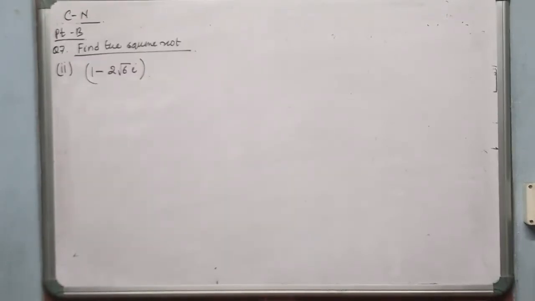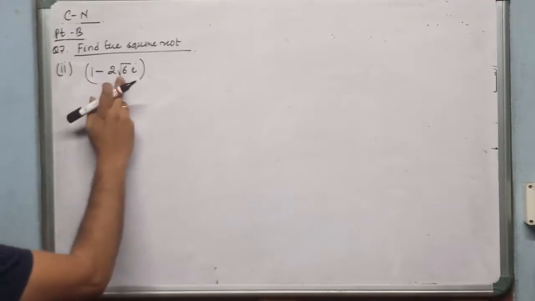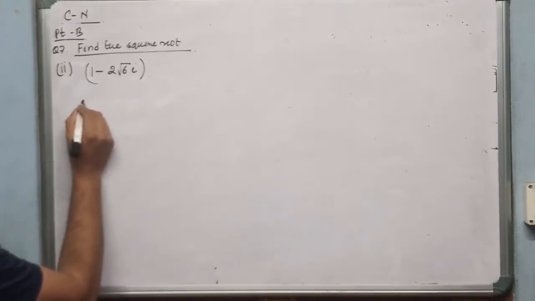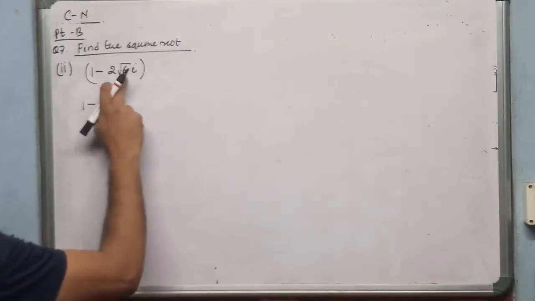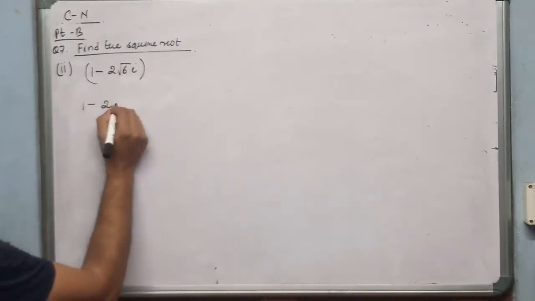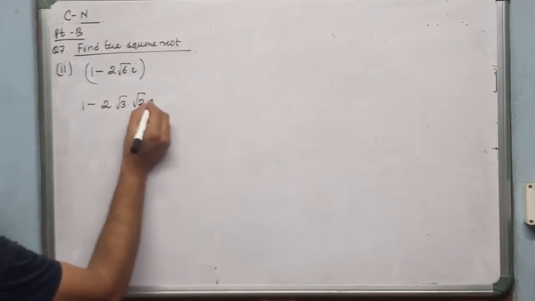Now dear student, again I'll start to find the square root from part B. We have already discussed this topic in a previous video, how to calculate the square root. Now say the square root of 1 minus 2 under root 6i. To calculate the square root, you have to write the factors of root 6. Root 6 means you can write root 3 into root 2 into i.